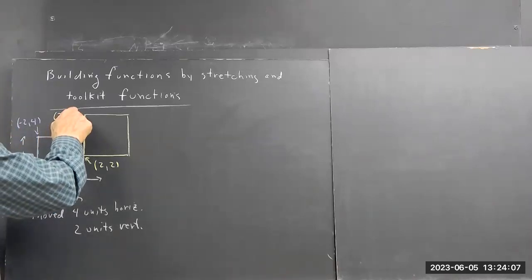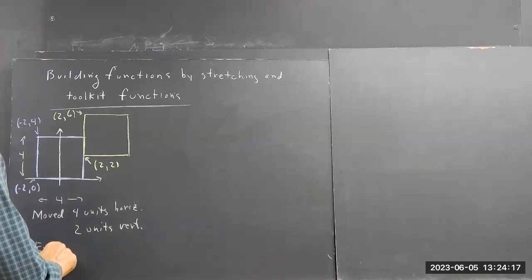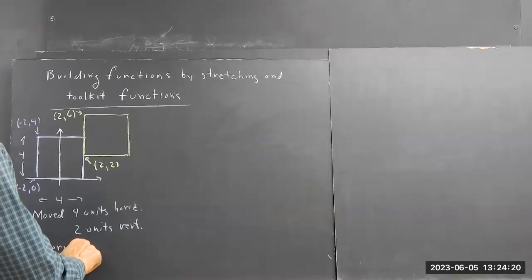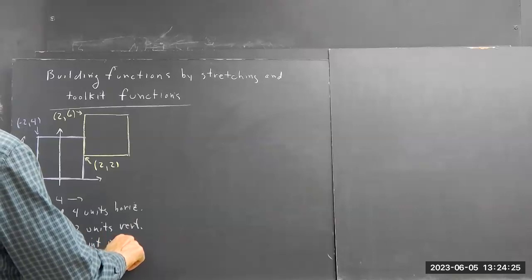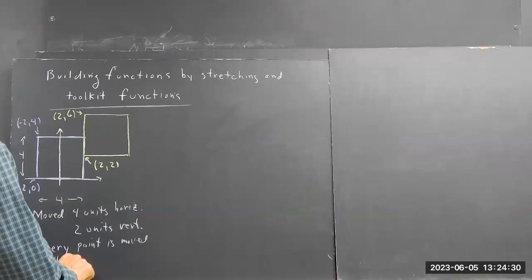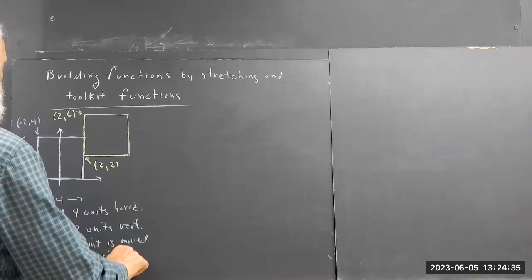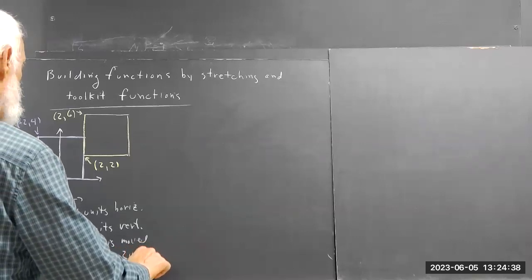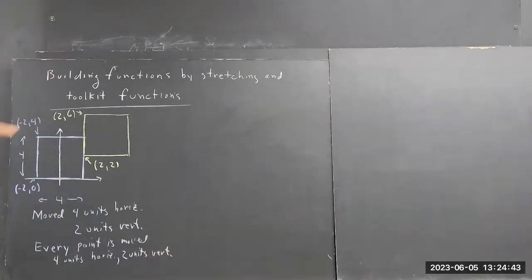And that's going to put it at the point 2, 2. Okay, so every point. I won't list all the other points, but I could well ask that on a quiz. Every point is moved 4 units in the horizontal direction and 2 units vertically. There we have it.